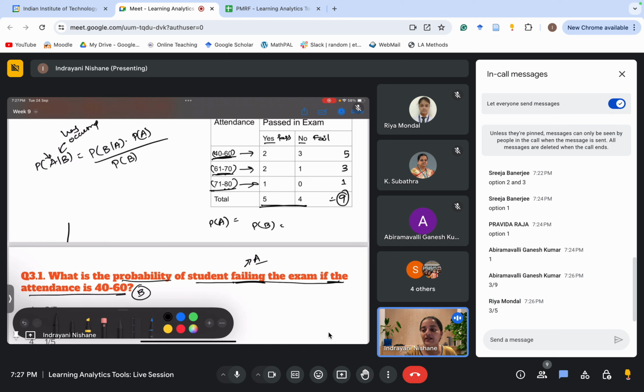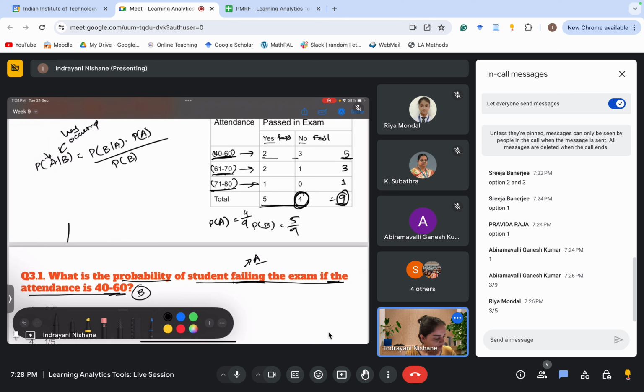The total number of students who have failed is 4, so the probability of failing is 4 by 9. The probability that attendance is between 40 to 60 is 5 students, so 5 by 9.